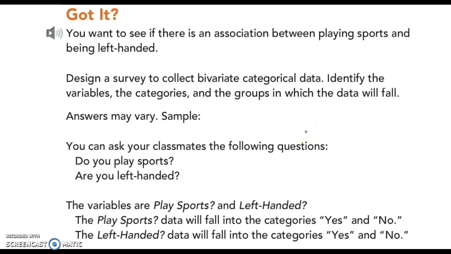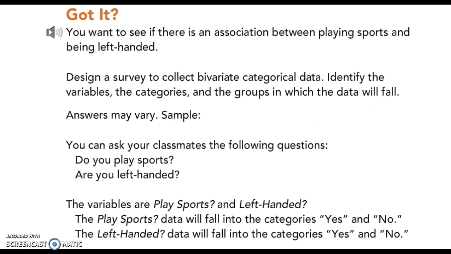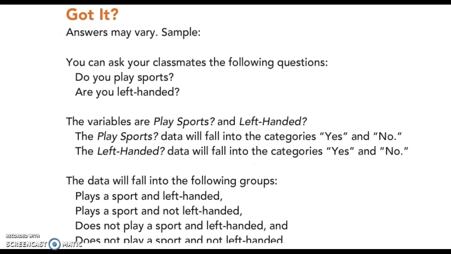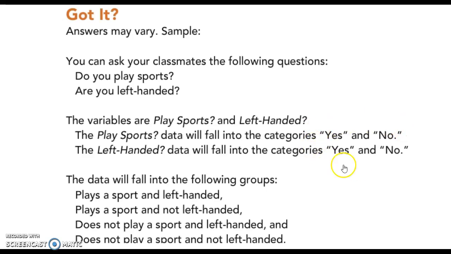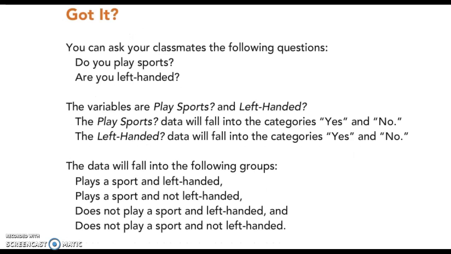The variables on that are going to be yes or no on either one because those are the answers that they're going to give. So the variables are the answers. And then the data is going to fall into 4 different groups. So people who play a sport and are left-handed, people who play a sport and are not left-handed, people who don't play a sport but are left-handed, and people who do not play a sport and are not left-handed.